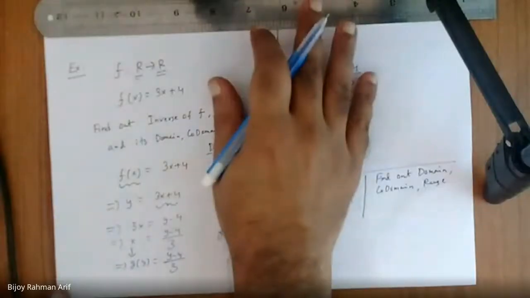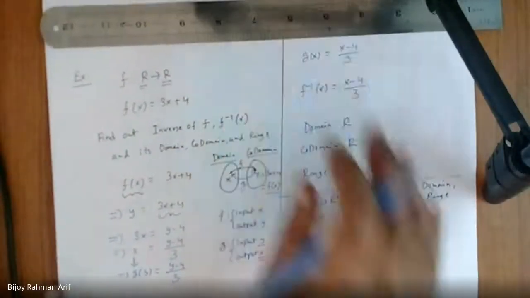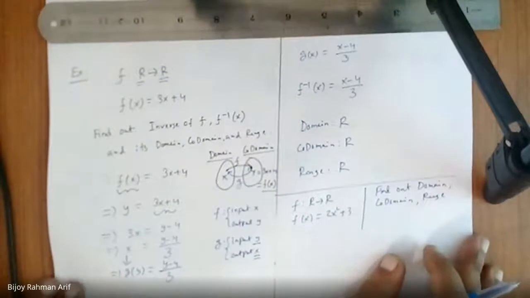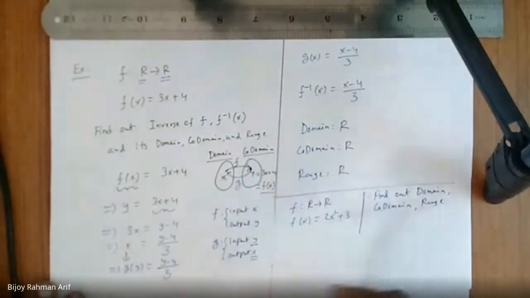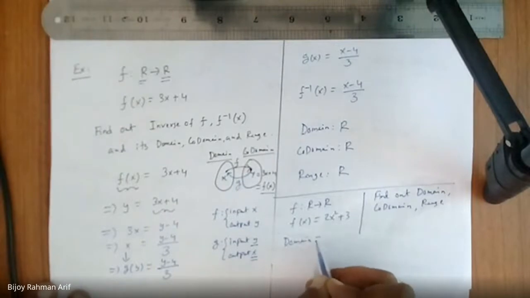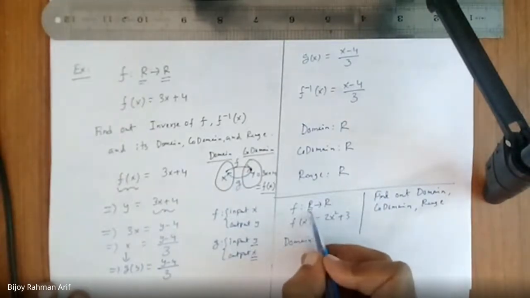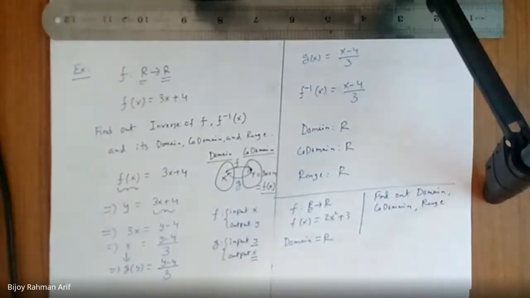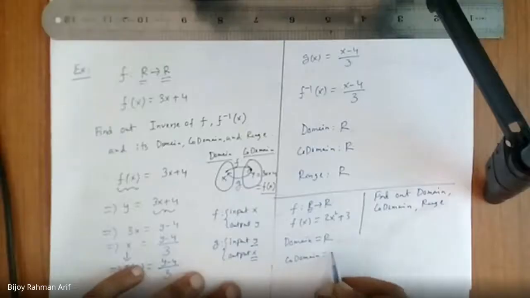What would be the domain for this? What is the domain of this function? Domain is nothing but R. Am I right? Yes. What is codomain? R. Codomain is also R. What is range?